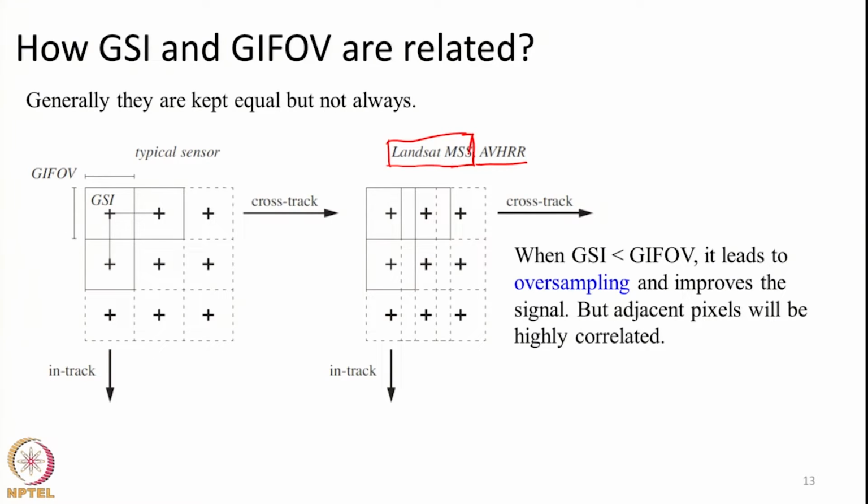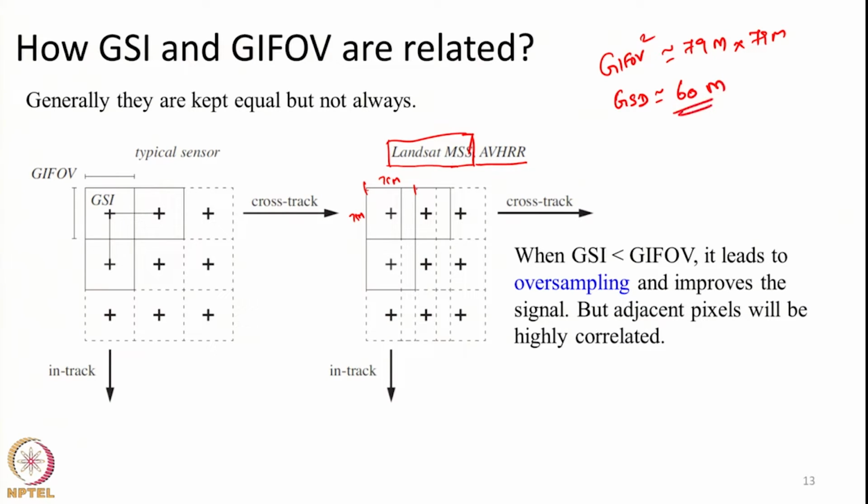The GIFOV of the Landsat MSS sensor was approximately 79 meters by 79 meters, that is, each side is 79 meters. On the other hand, the sampling times were set such that the GSD was equal to 60 meters.